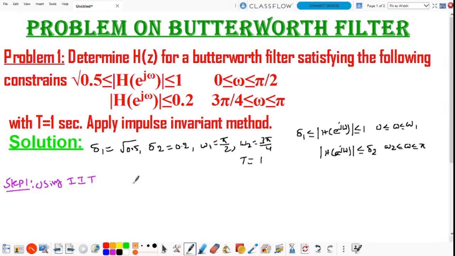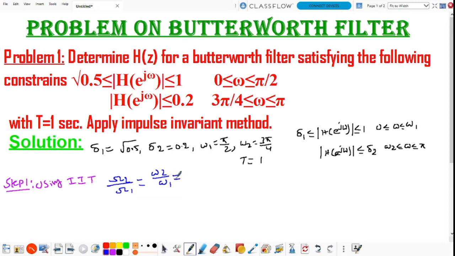The ratio of the analog frequency is the relation between analog frequency and the digital frequency, ω2 by ω1. So this is the ratio of analog frequency and this is the ratio of the digital frequency.